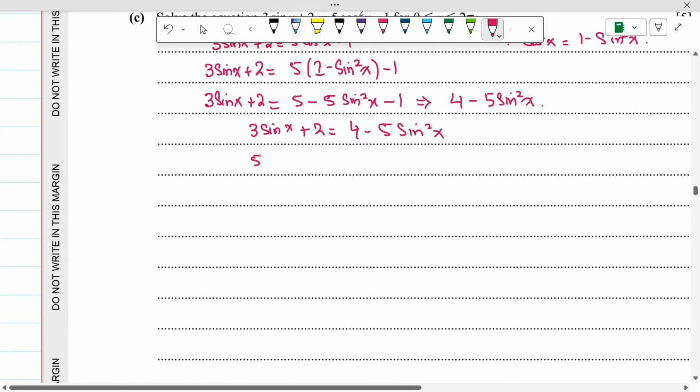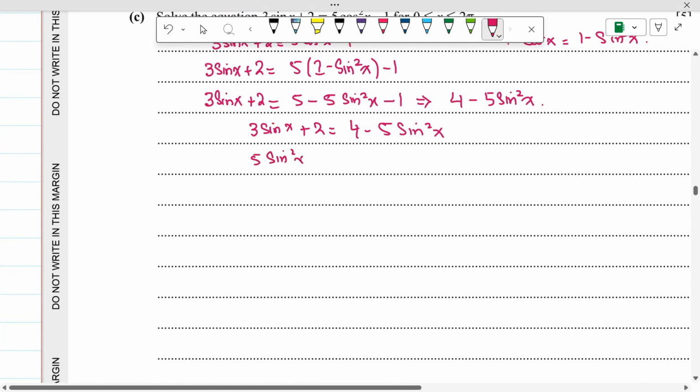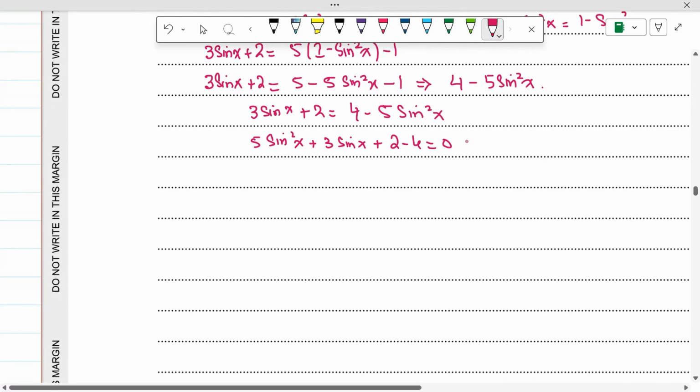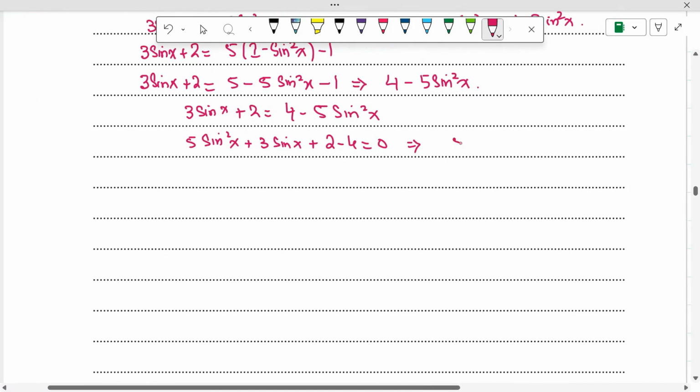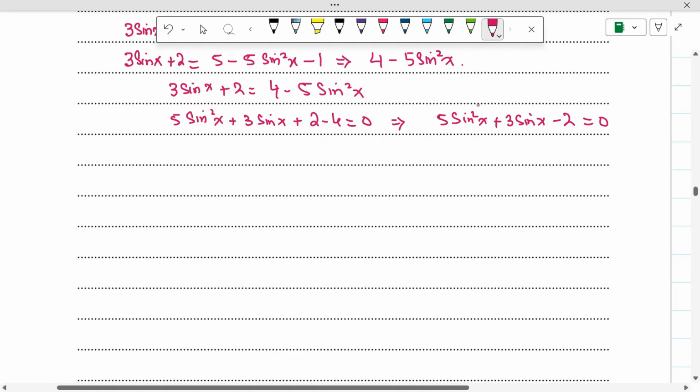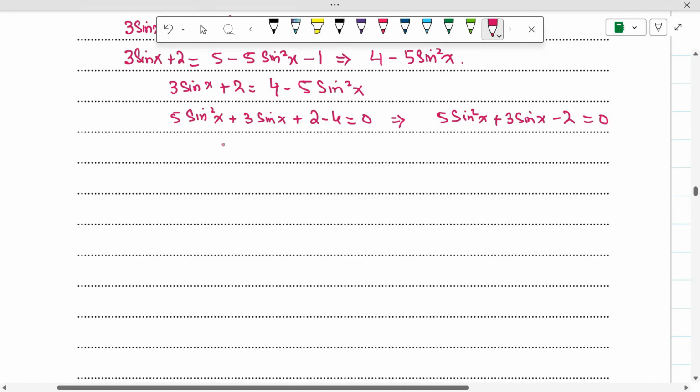Now 3 sine of x plus 2 is equal to 4 minus 5 sine square of x. Further solving, we will have 5 sine square of x plus 3 sine of x plus 2 minus 4 equal to 0, and we have the quadratic equation, which is 5 sine square of x plus 3 sine of x minus 2 equal to 0. So we can solve it by using factorization.